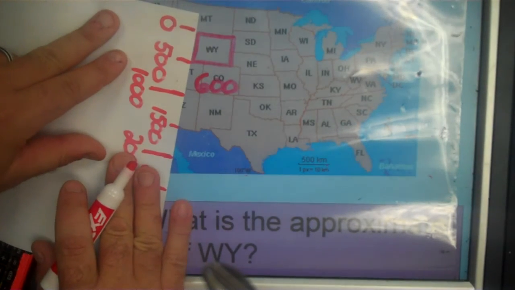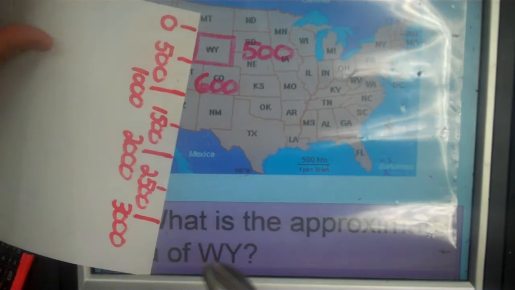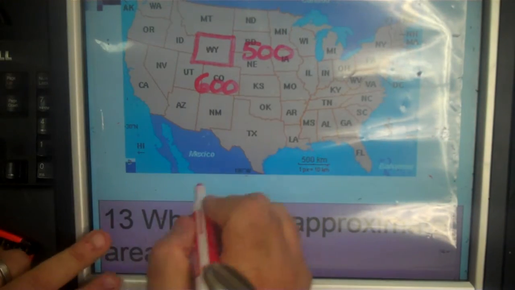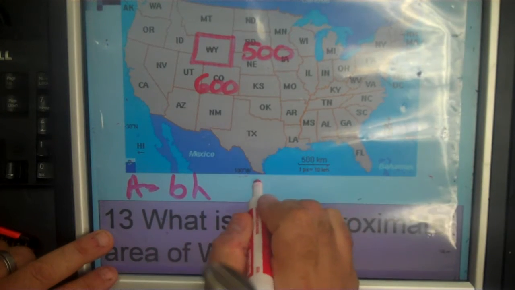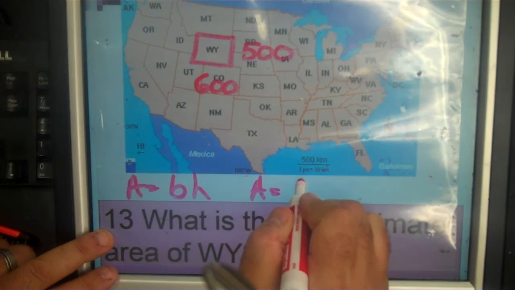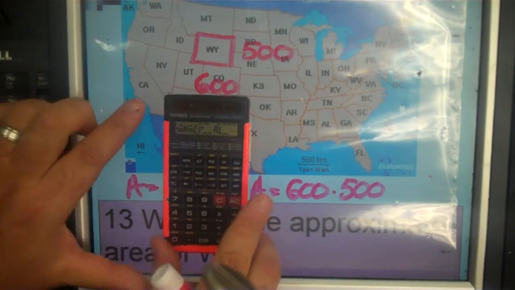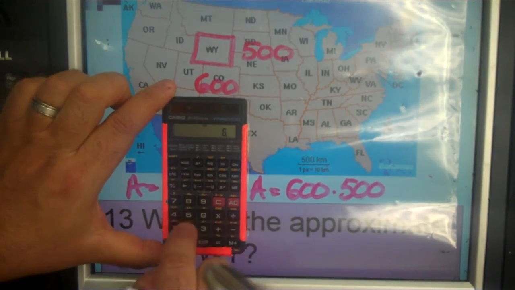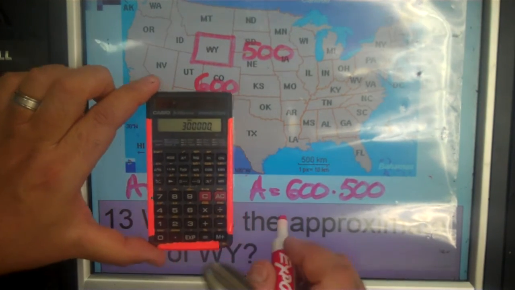Then the height looks to me pretty much exactly 500 miles. So the area of this is base times height. The area will be 600 times 500. Get my calculator out. 600 times 500 equals 300,000.